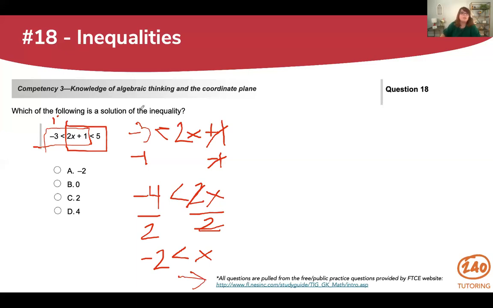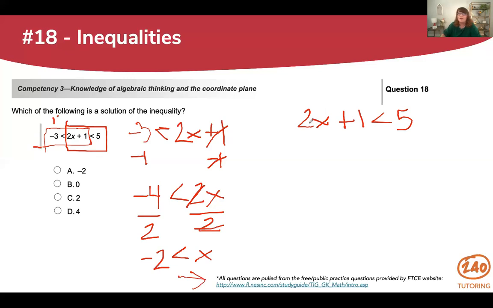Now I'm going to work the other side of this inequality. I'm going to take that 2x plus 1 is less than 5. Now I'm just looking at the middle and the other side. The first part I looked at the beginning and the middle; now I'm looking at the middle and the right-hand side.